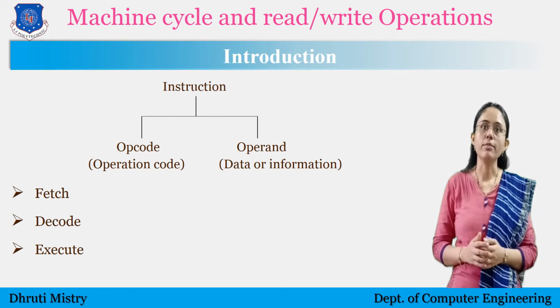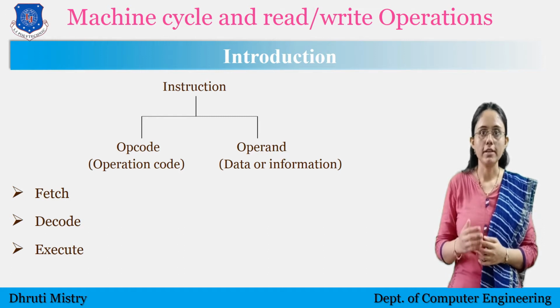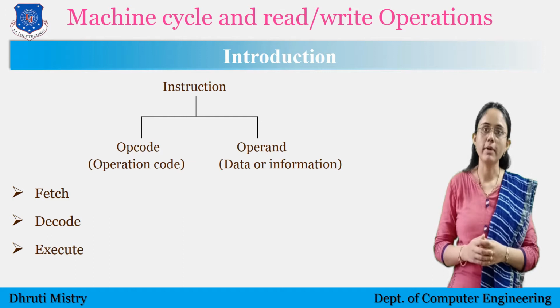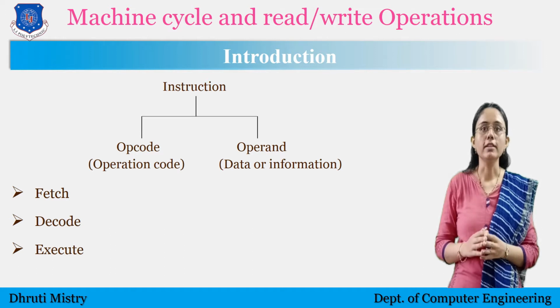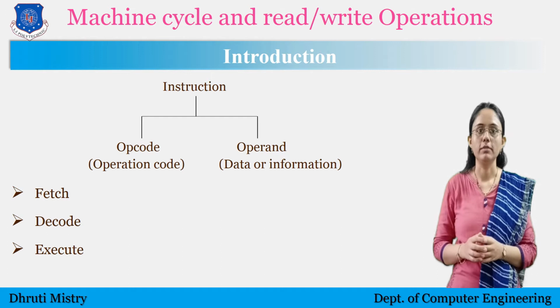But all these operations are carried out in smaller steps and in synchronization with the clock signal. To build a general understanding of the working of the microprocessors, it is important that we break down these operations into the smallest steps and learn about them.